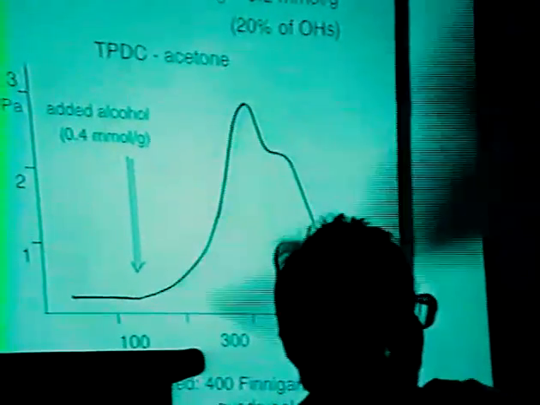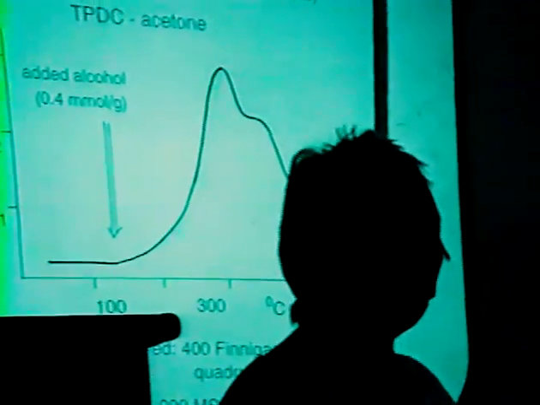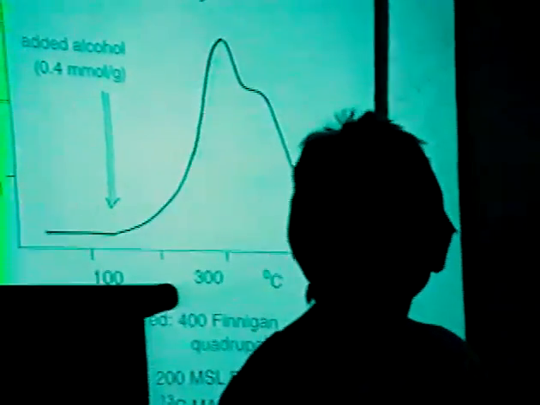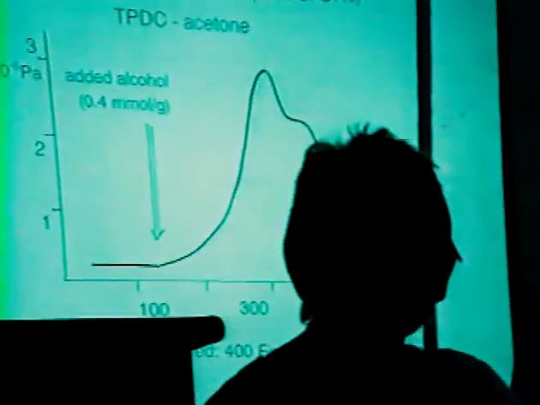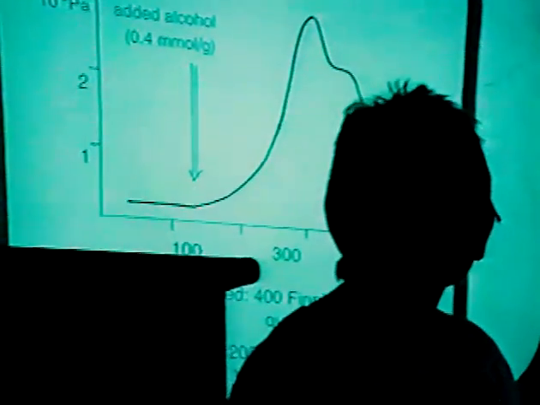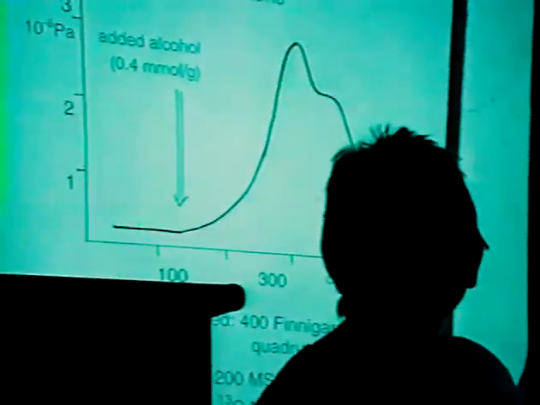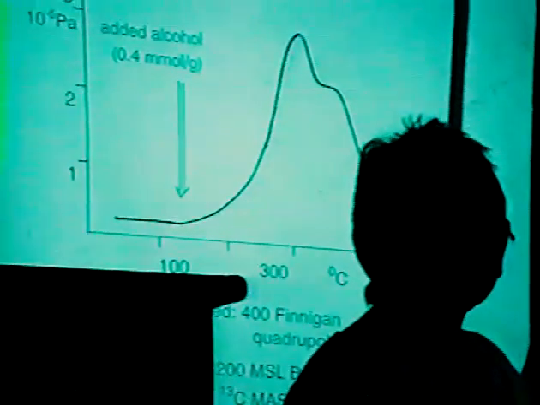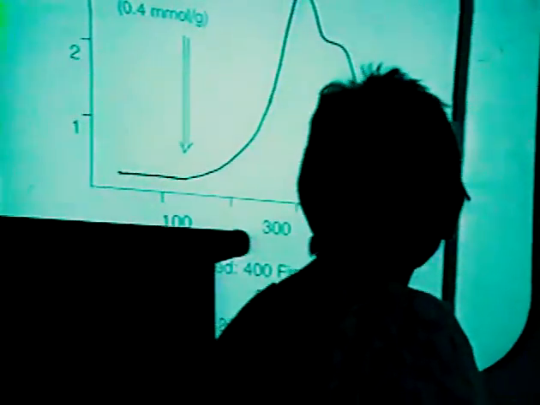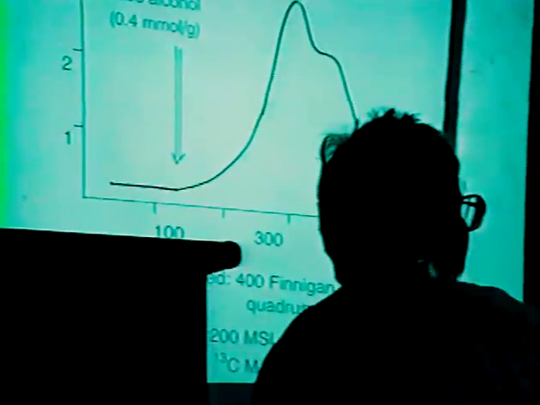Just before the beginning of the desorption, we introduced vapors of alcohols in the amount which is written here. So the overall amount of acetone and alcohols was lower, almost 1/2 of the number of OH groups.